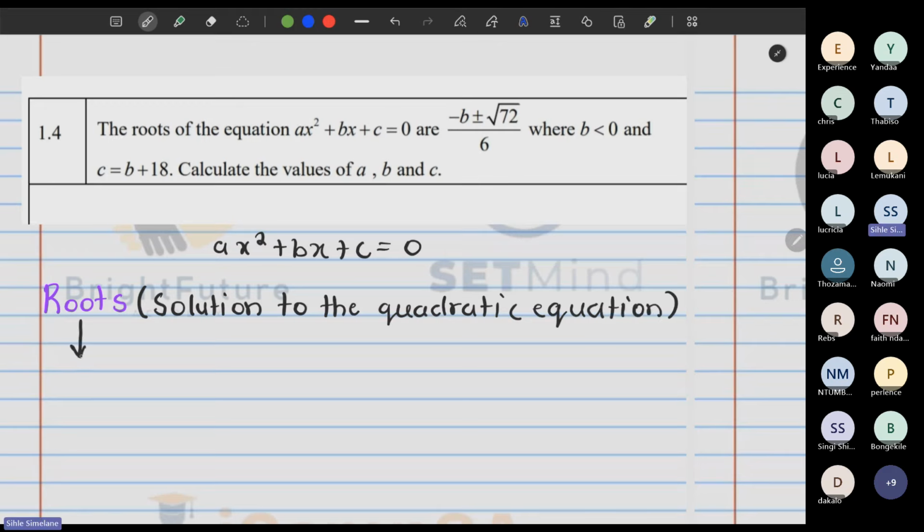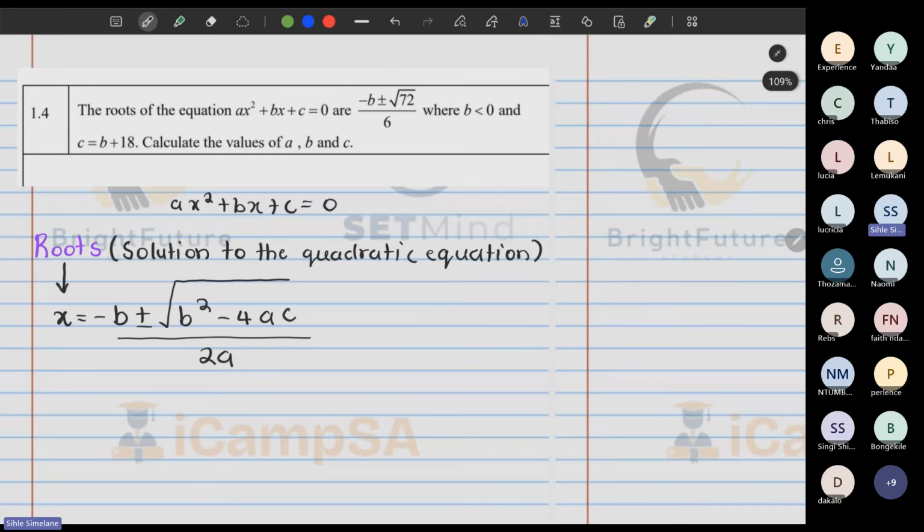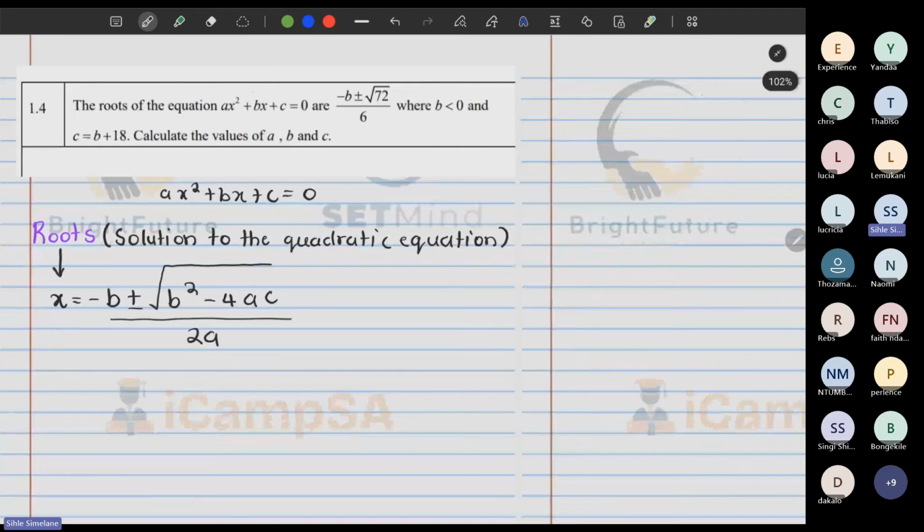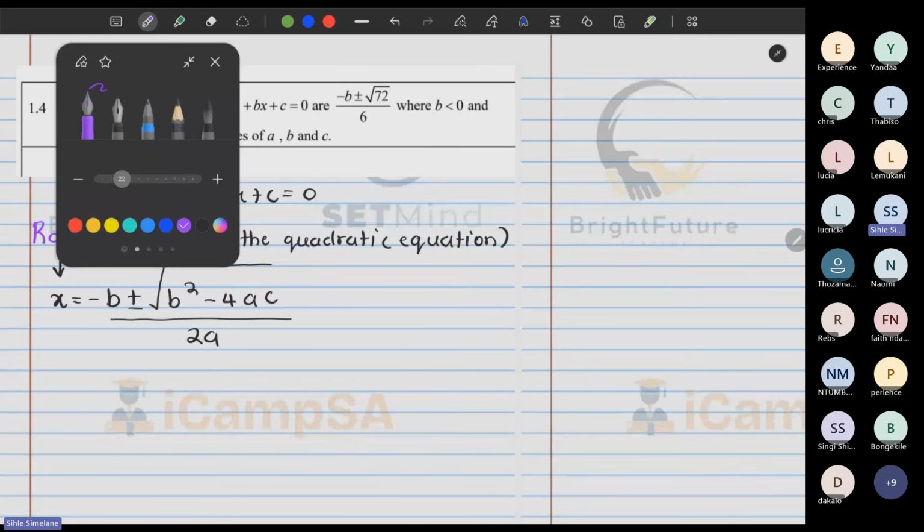In other words, this is a fancy way of saying x is negative b plus or minus the square root of b squared minus 4ac, all of this divided by 2 times a. That is the fancy way of saying this. So we don't know what a is, but we are given what is happening up there.